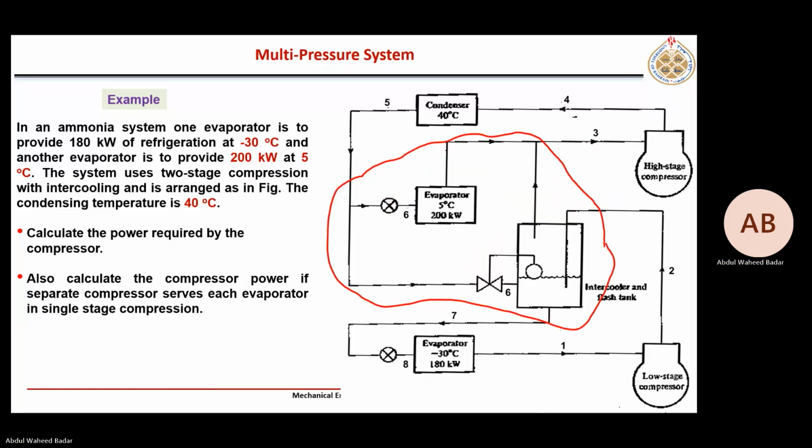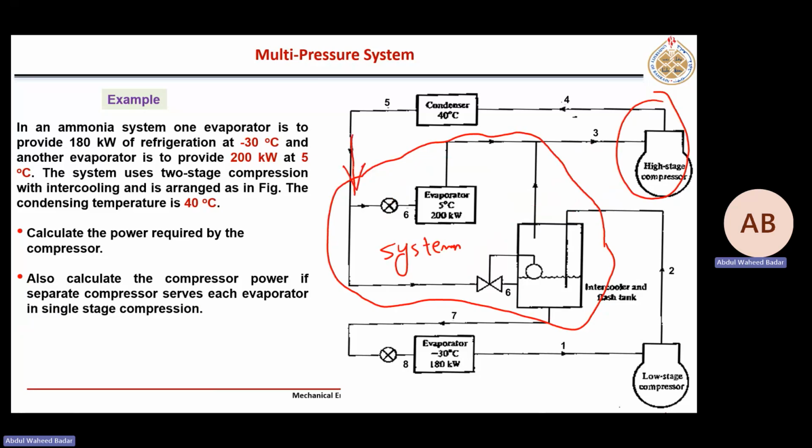Okay. And write energy balance and mass balance to find out M dot 3, which is going into the high stage compressor. So for this system, now this is my system, inside this red line. Every other thing is surroundings. So what is entering into that system?